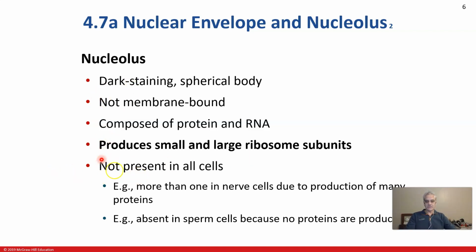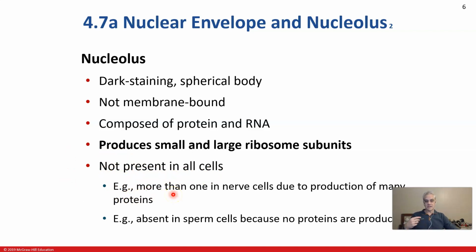Now, the nucleolus is not present in every cell. Often, in nerve cells, you're actually going to see more than one nucleolus, which I think is funny because they say it's not present in all cells, but in fact, it is double present in nerve cells.